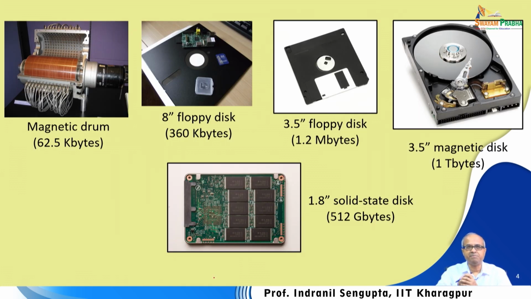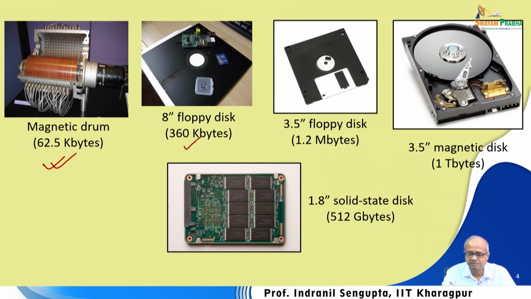Now, these are some of the pictures. You see, the first picture on the left shows a magnetic drum. So, you see that there is a cylindrical kind of a thing on the surface of which the data gets recorded, and there are read write heads sitting on the surface of the drum. And floppy disks, here we are showing two types.